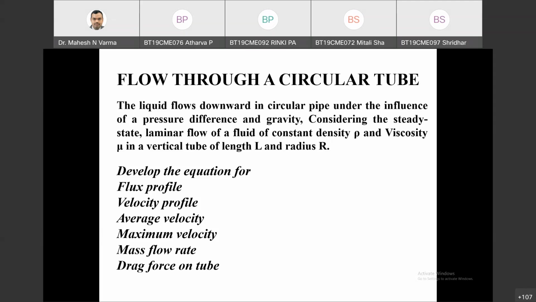Roll number 97, Sridhar. Can you explain the r direction, theta direction, and Z direction? Sir, the Z direction will be the length of the cylinder or the pipe. Okay, the axial direction will be the Z direction. And the r direction will be towards the wall, sir. Very good.